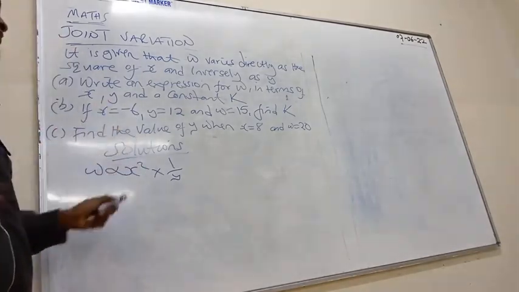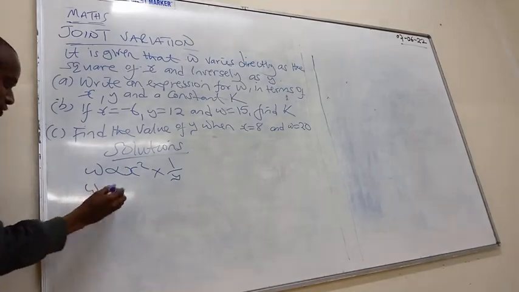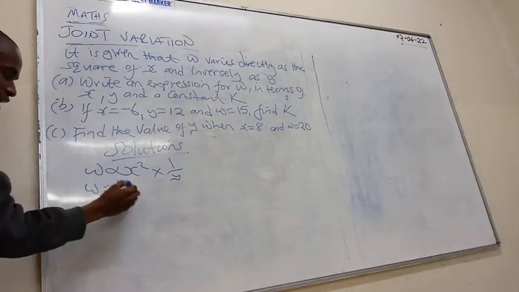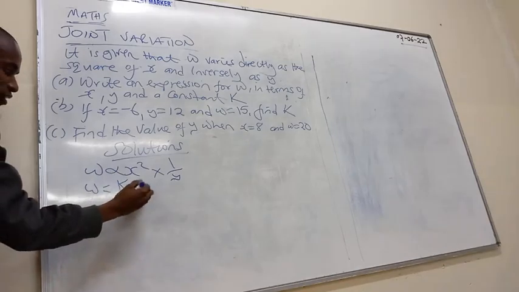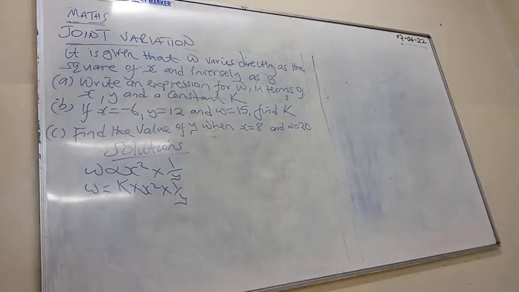You can exchange them, the answer will be the same. So next step, we introduce the equal sign and k. It will mean k times x squared times 1 over y. See that?